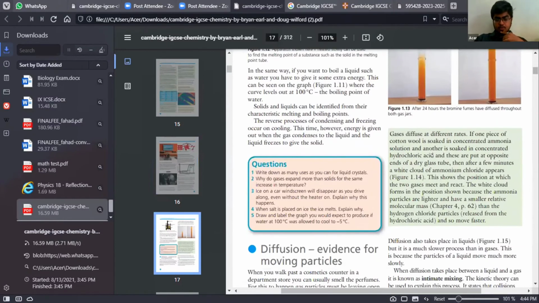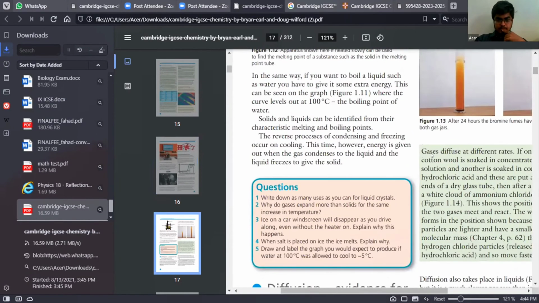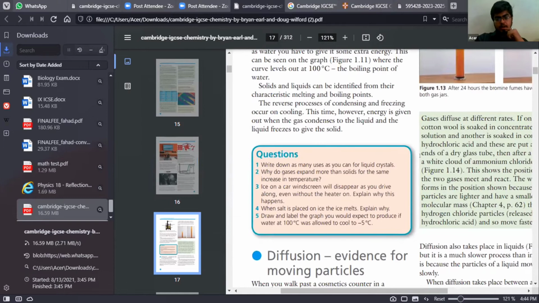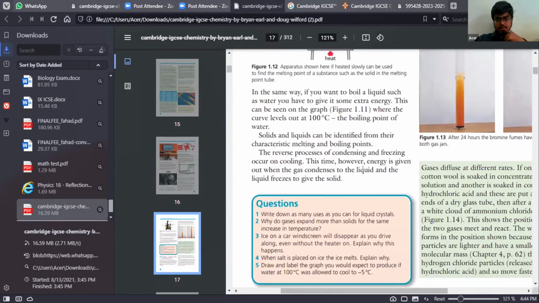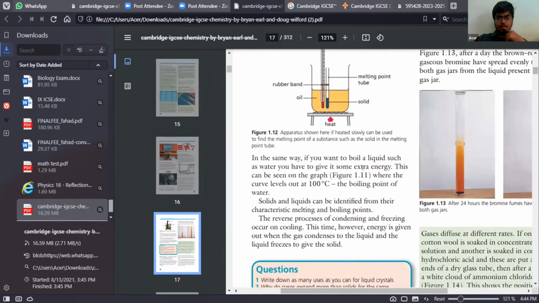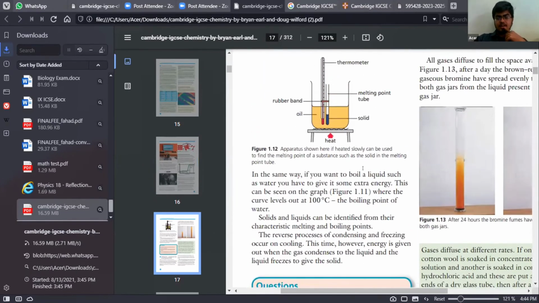Okay, let's try to answer a few more questions. Write down as many uses as you can for liquid crystals. Liquid crystals are, in a sense, crystal in liquid form. No, liquid crystal is like the crystallized part of the liquid. Any liquid can be converted into solid.